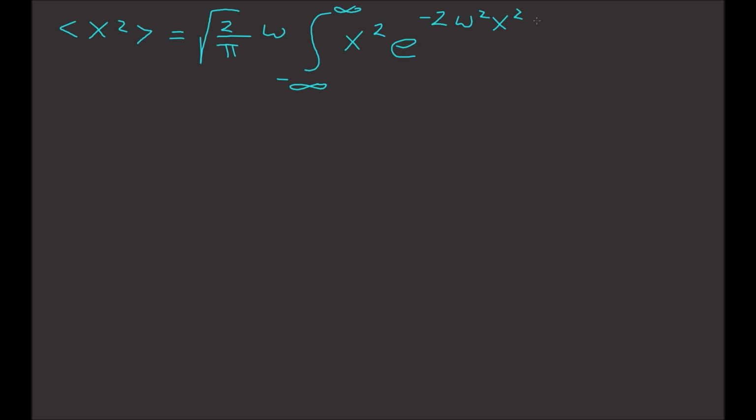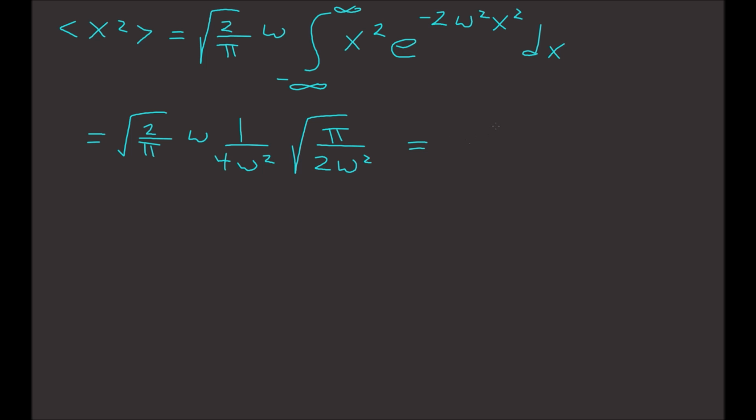Which is, we have to sandwich x squared into our psi star psi, which gives us square root of 2 divided by pi times omega times the integral from negative infinity to infinity of x squared e to the minus 2 omega squared x squared dx, which is the same as square root of 2 over pi times omega times 1 divided by 4 omega squared times the square root of pi divided by 2 omega squared.